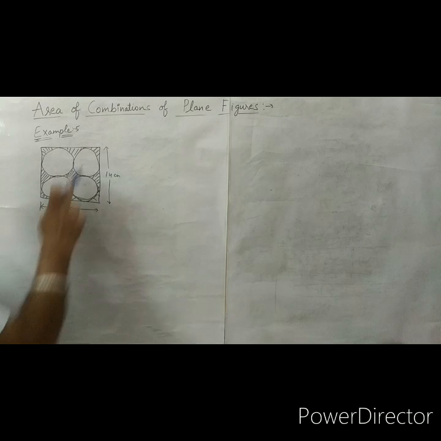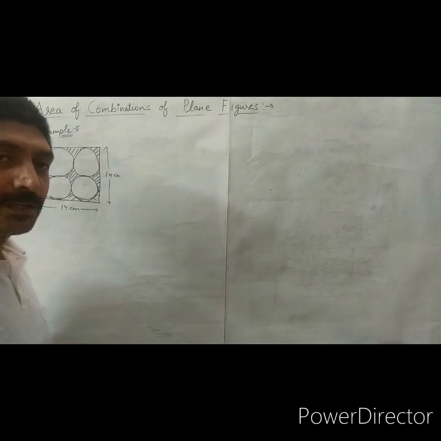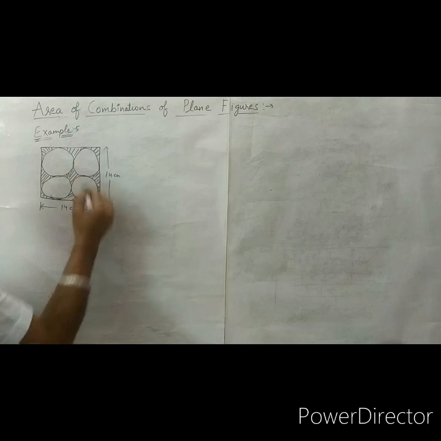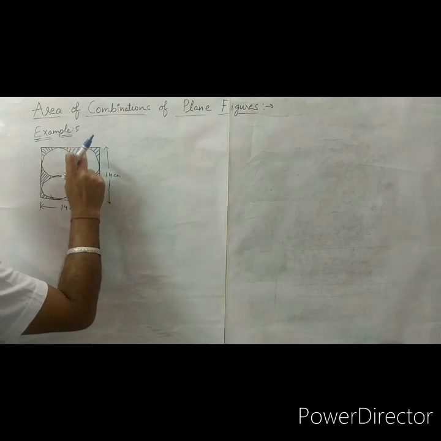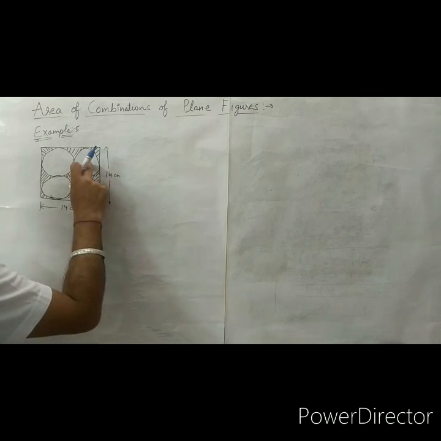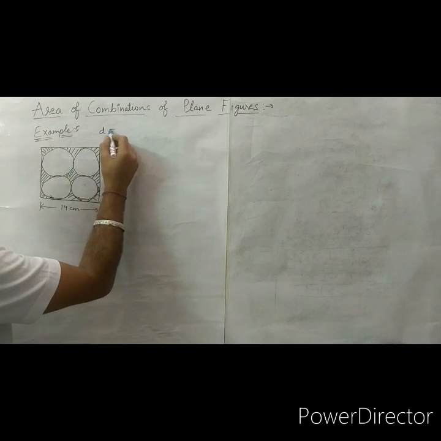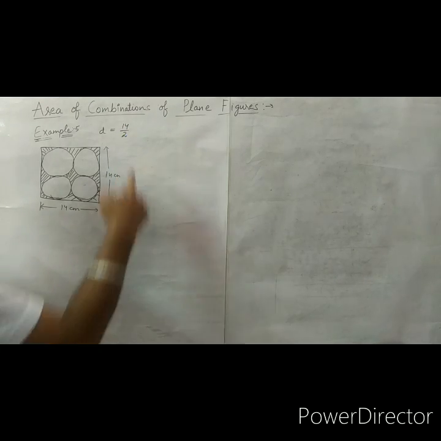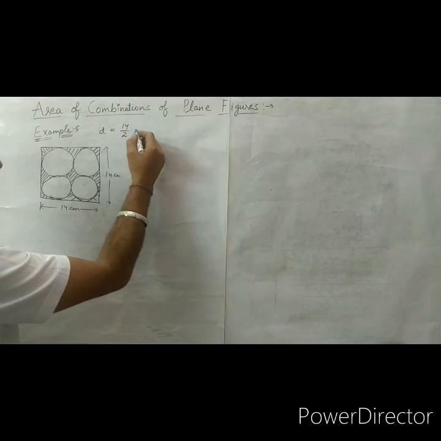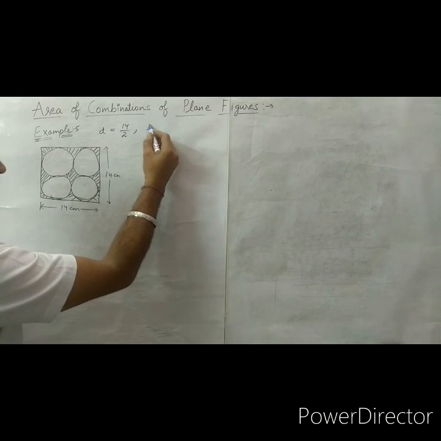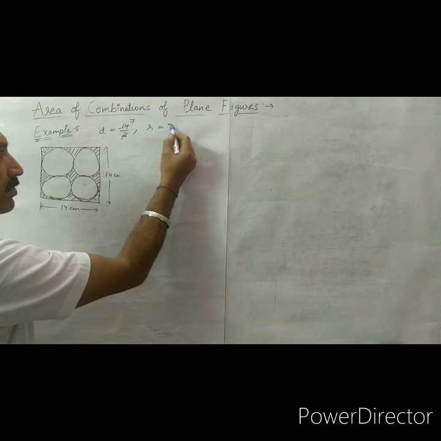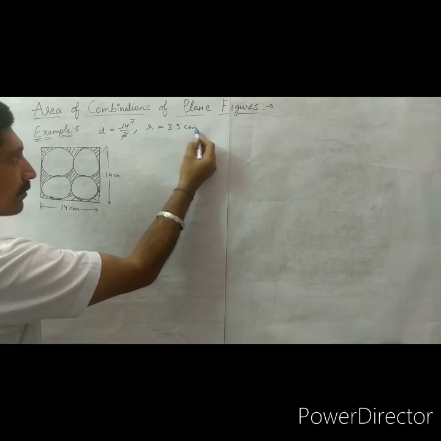So here all the 4 circles are congruent, meaning their radius is the same. So the circles are touching the square. Here the diameter of one circle is equal to half of the side, that is 7 centimeter, so the radius R is equal to 3.5 centimeter.